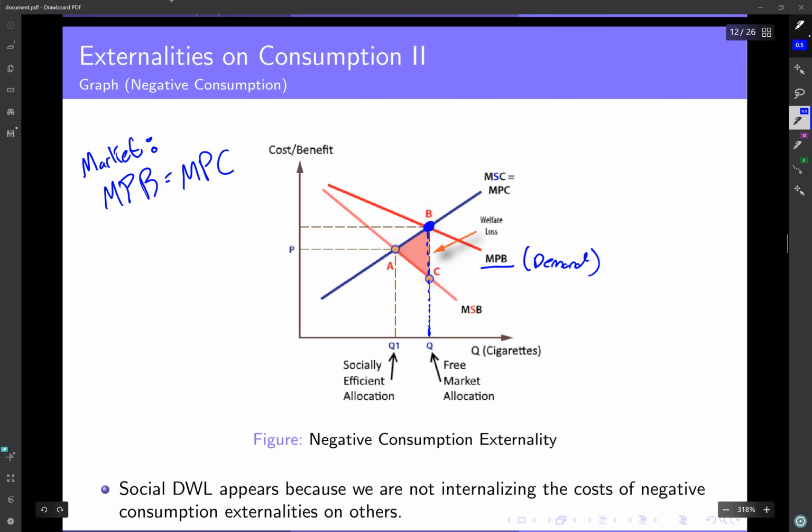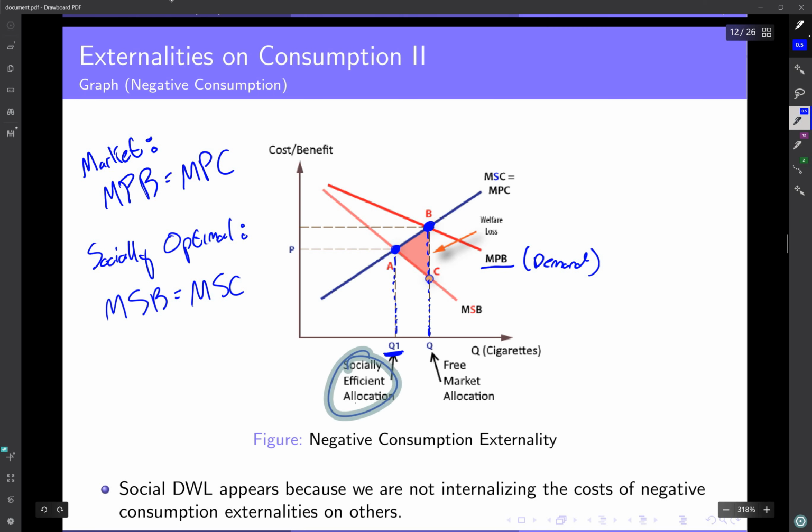Okay, but again, we're interested in the socially optimal amount. Okay, again, that's where marginal social benefit is equal to marginal social cost, and that is going to happen here. Okay, so we just find that amount, we go down and find what quantity we're at, and this is the socially efficient allocation. Okay? All right, so we found those two amounts.